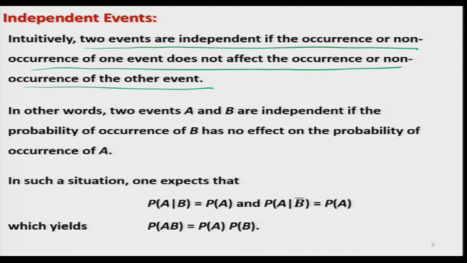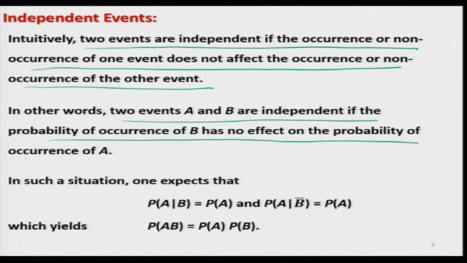In very simple words, two events A and B are independent if the probability of occurrence of B has no effect on the probability of occurrence of A. Now, if you bring in conditional probability and compute the probability of A given B, and this comes out the same as the probability of A, that means the occurrence of A does not depend on the occurrence of B. Even if you put a condition on A in terms of given B, it does not affect it.